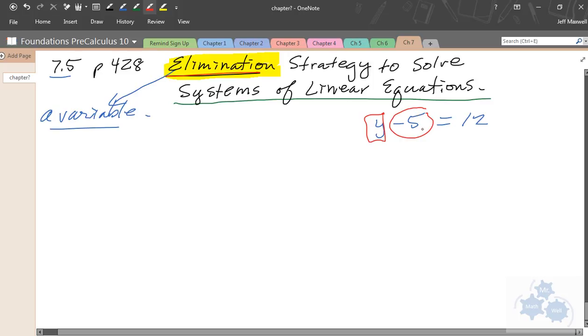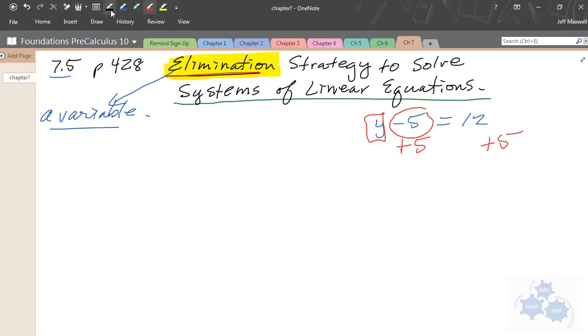If I want to get rid of this negative 5, I would eliminate it from the left side of the equation, okay? So that's elimination. So how would I do that, though? How would I get rid of it? I would add 5 to both sides. Very good.